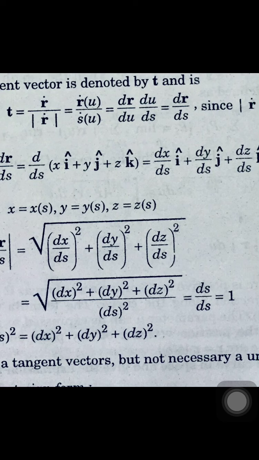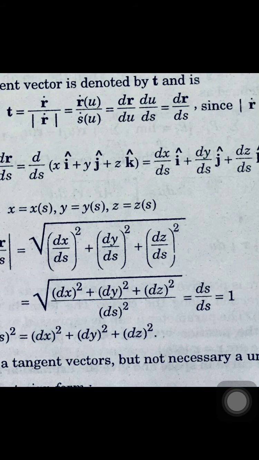Here, substituting a variable u, r dot u upon the magnitude of r dot, which is some numerical value denoted by s dot u. So r dot u is dr by du and s dot u is ds by du.